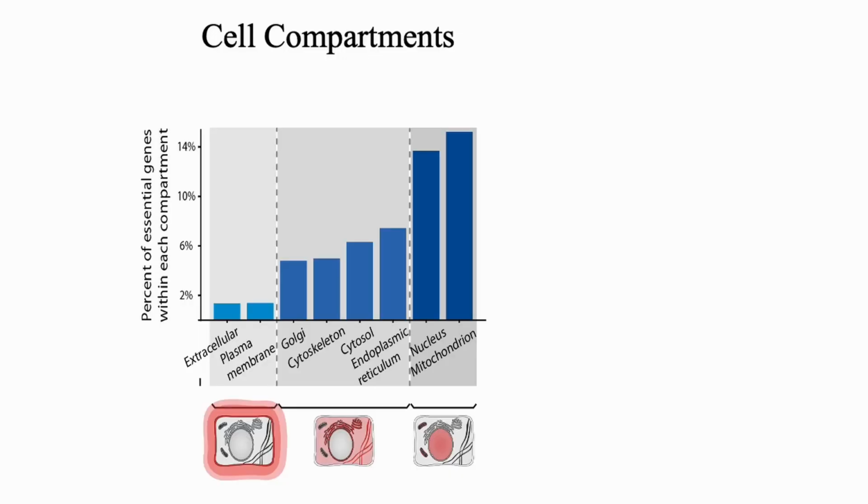If you are a gene or a protein that is related to the outer layer, only 1% of the proteins are essential. But if you are a protein in the nucleus and the mitochondria, between 12 to 15% are essential. And if you are a cytoplasmic protein or in another organelle in the cytoplasm, it's between 5 to 7%.